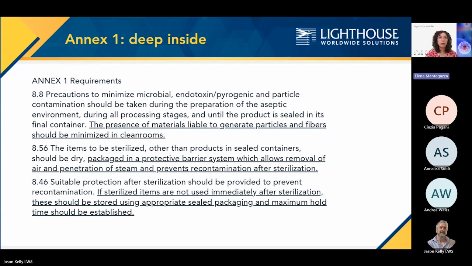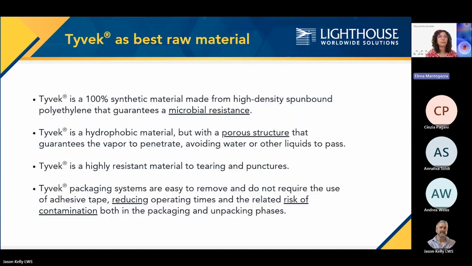And this point links to the last paragraph, the 8.46, that says that if sterilized items are not used immediately after sterilization, these should be stored using appropriate sealed packaging, and maximum hold time should be established. And we will see that all these characteristics are fulfilled by Tyvek.